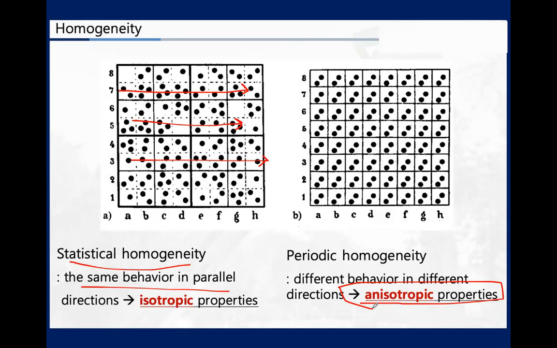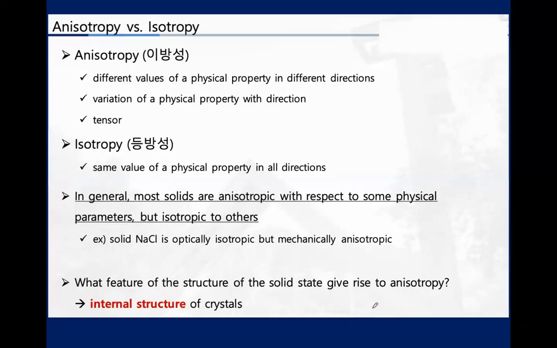Okay, right. Always remember these crystals have periodic homogeneity, and this periodic homogeneity is caused by the unit cell. Remember the unit cell we discussed last time, the smallest repeating unit. There can be several repeating units, but the smallest one is the unit cell.